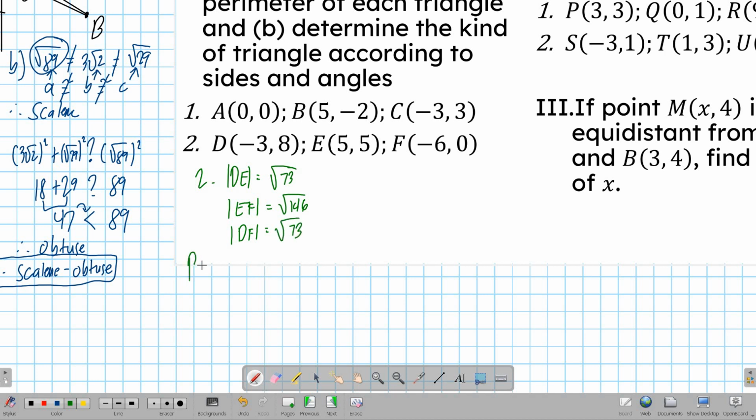So the perimeter would be square root of 73 plus square root of 146, that's the simplest form, plus the square root of 73. Now we know we can combine this. Therefore, the perimeter of the triangle number 2 would be 2 square root of 73 plus square root of 146 units.